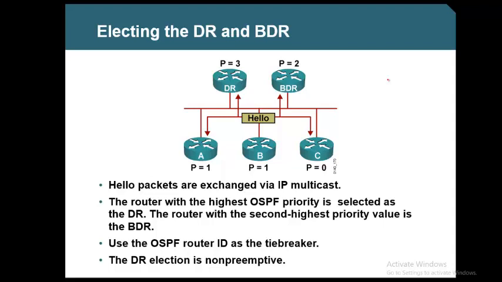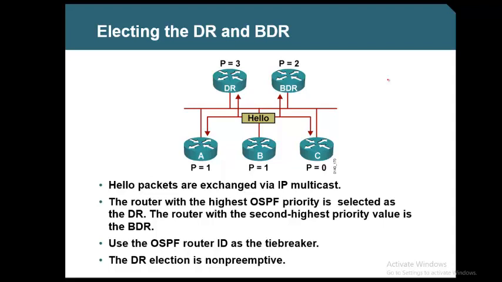So with priority 3, priority 2, and priority 1, there's an election. The priority 3 router wins DR, the priority 2 router wins BDR, and the other routers, A and B, are DR others. So between A and B, there will be only a two-way relationship. Between the DR and all other routers, there will be full adjacency.